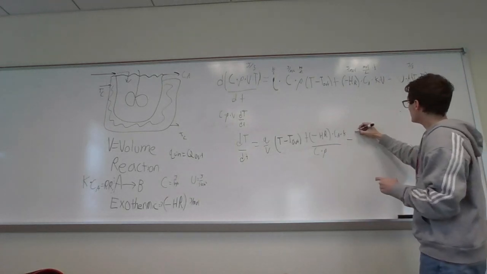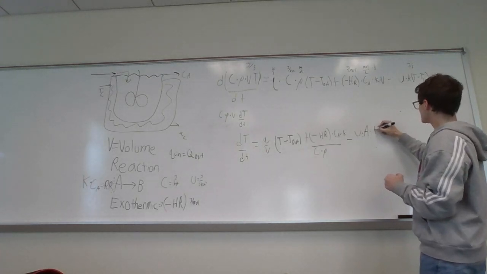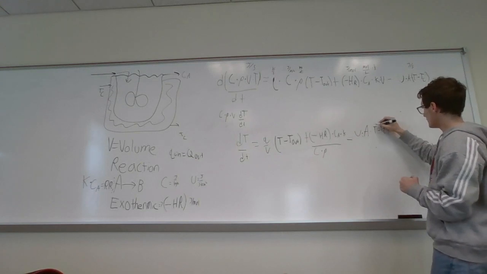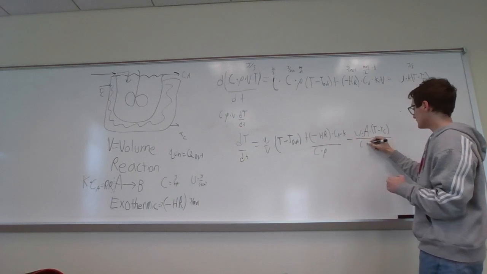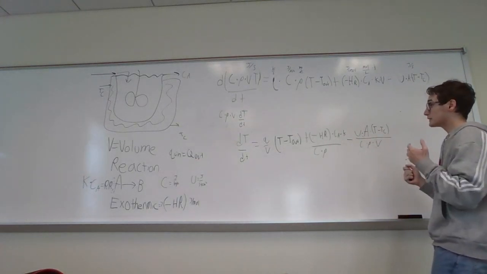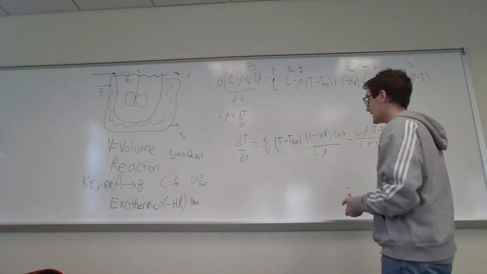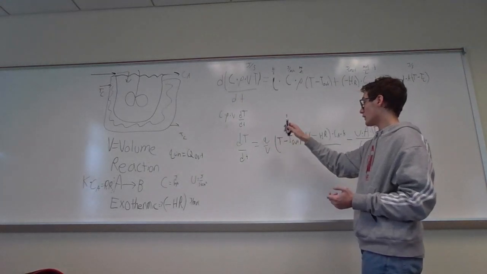So we're going to have U times A times T minus TC all over CPV, or C times rho times V. And this actually ends up being our energy balance equation, as we have our change in temperature over our change in time equals our in and out.